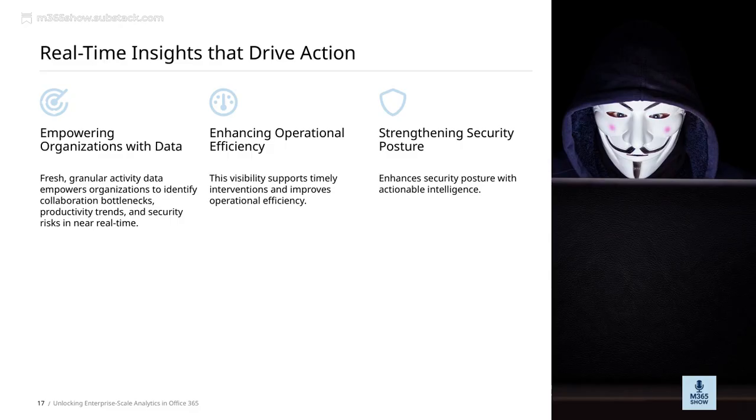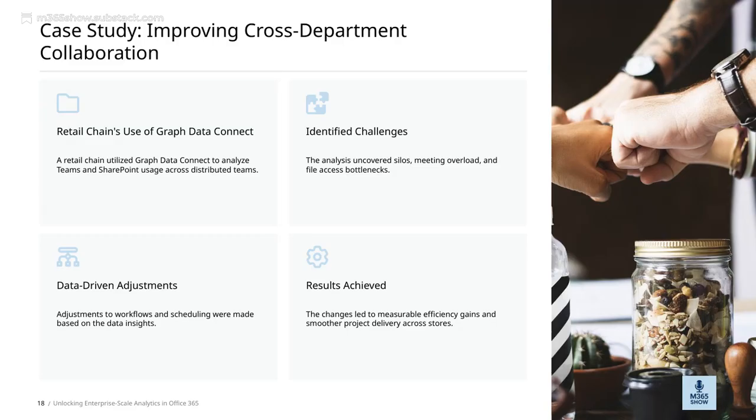In other words, this data doesn't just tell you what's happening. It equips you to act swiftly and effectively, making your organization more secure, more efficient, and more responsive in today's fast-paced digital landscape.